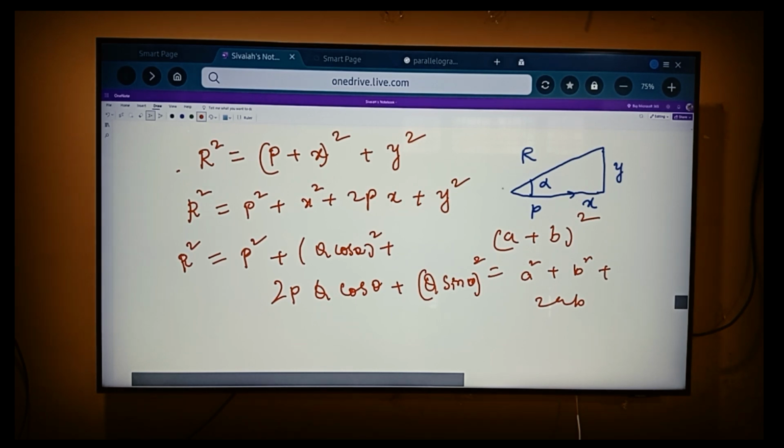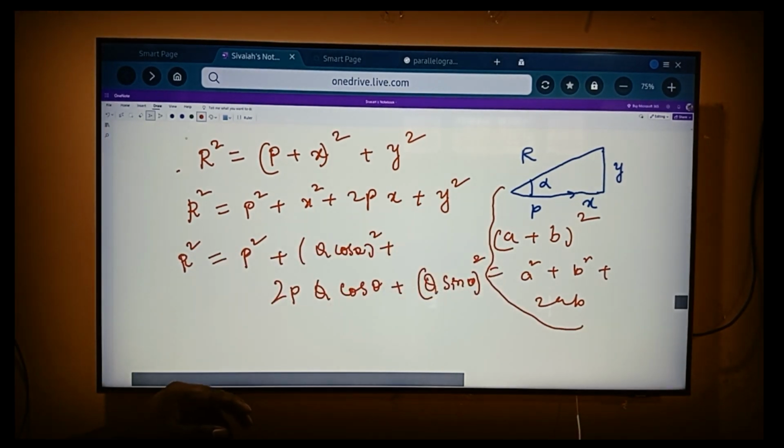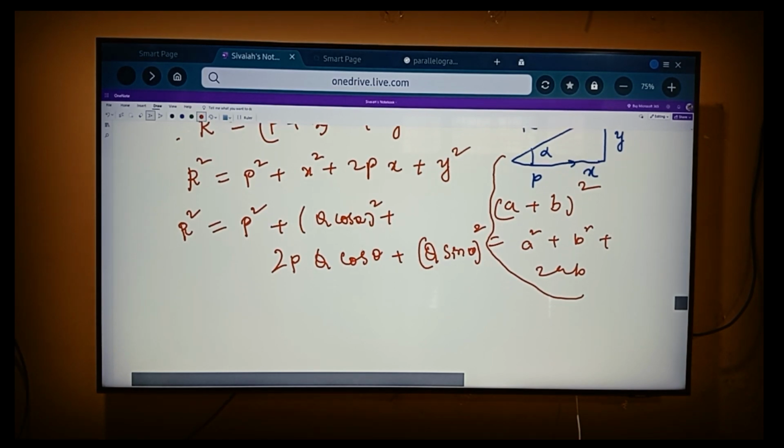You can take a line here because this formula is different.